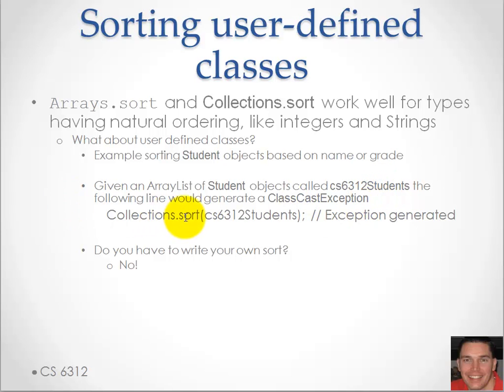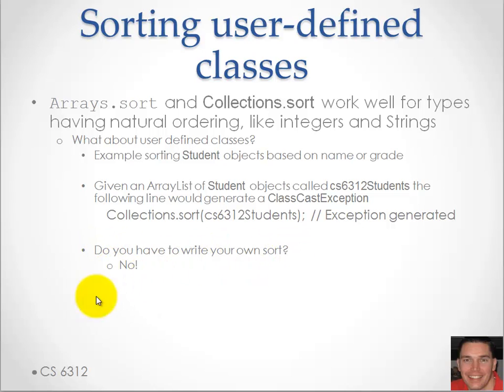If I call Collections.sort on CS6312 students, it's going to say, I don't know what it means to sort those because I don't know how to compare one student object to another. Do I compare them based on first name, last name, their grade, their height? So it's going to generate an exception. So if we have a collection of a user-defined type, does that mean that we're going to have to write our own sort?